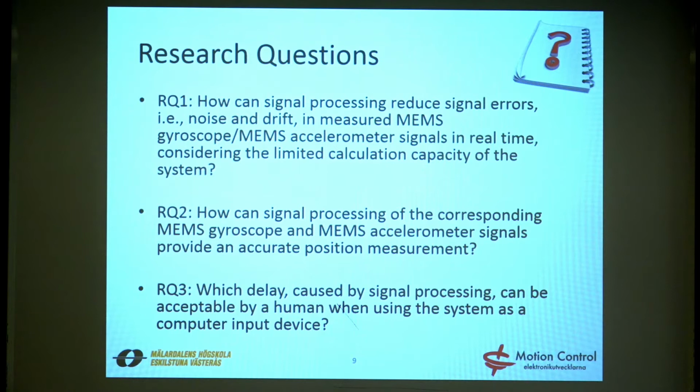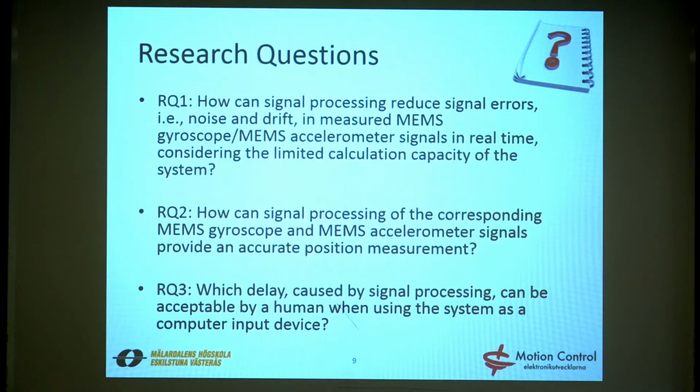The first question is, considering the limited calculation capacity, how can the signal errors like noise and drift in measured MEMS gyroscope or accelerometer signals be reduced in real time. The second research question is how to get an accurate position measurement by MEMS accelerometer and MEMS gyroscope.